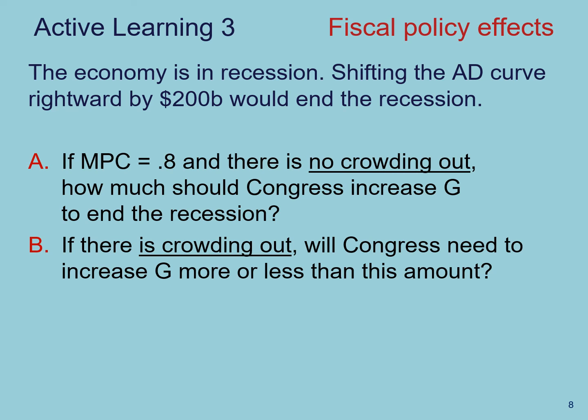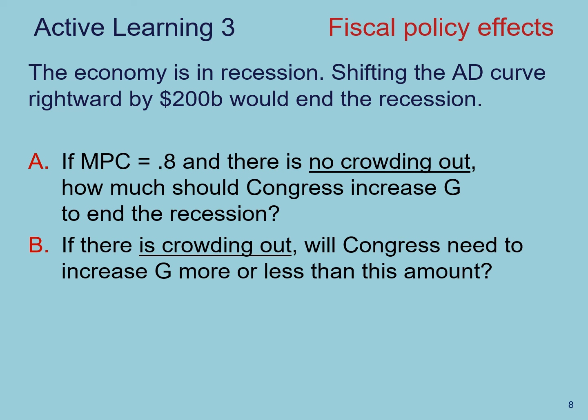So, now that you've learned about the crowding out and the multiplier effect, let's do an active learning exercise. Please submit your answers on Top Hat. In this scenario, the economy is in a recession, and shifting the aggregate demand curve to the right by roughly 200 billion would end the recession. I want you to assume that the marginal propensity to consume is 0.8, and there is no crowding out for scenario A. How much should Congress increase government expenditures to end the recession?